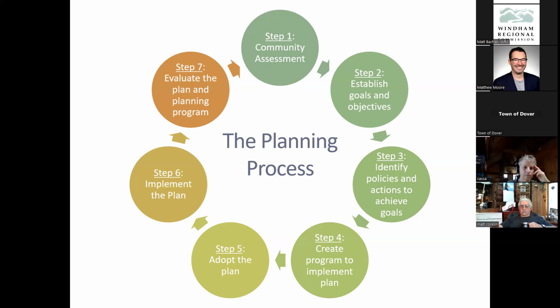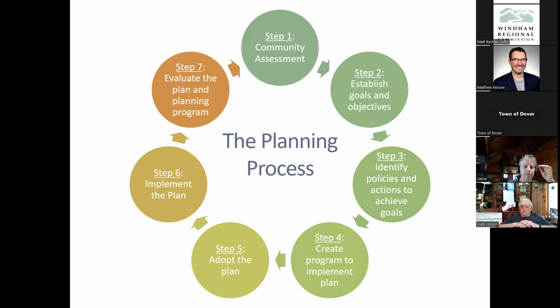Step 5 is the process of adopting the plan, and then you get into implementation. Working on that implementation plan that you created as part of the town plan. And then step 7 is evaluating the plan and plan program, which happens before you start the plan update process again.